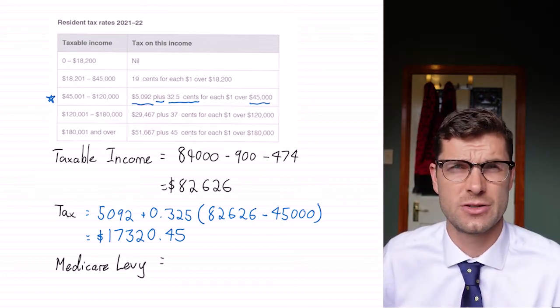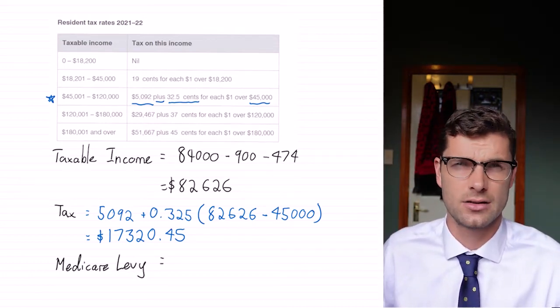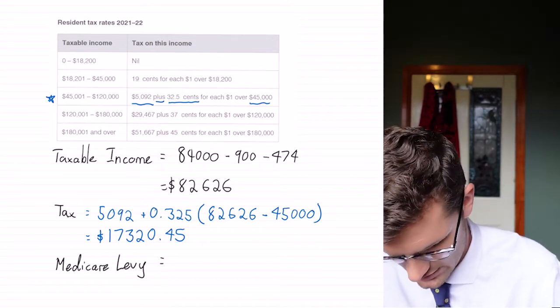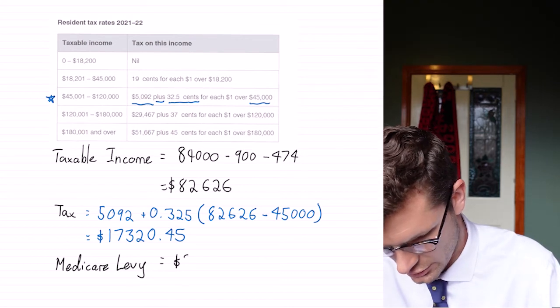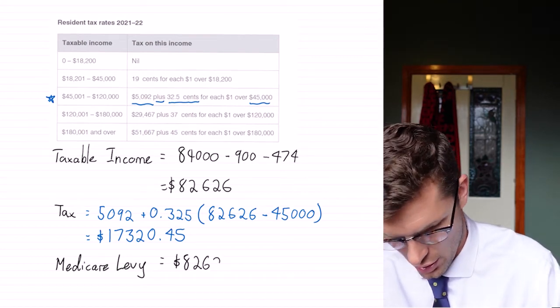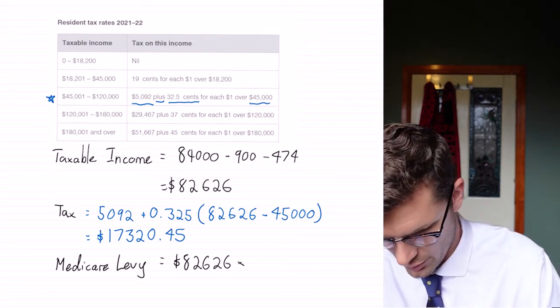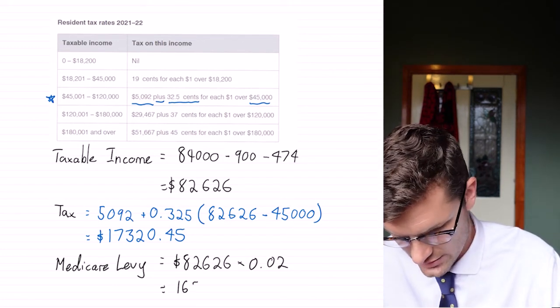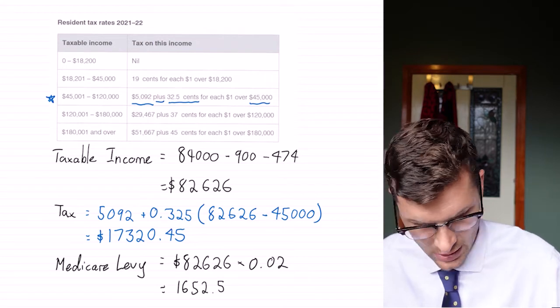And from our formula just before, we're just taking our taxable income and multiplying it by 2%. So this is 82626 multiplied by 0.02. That gives us $1,652.52.